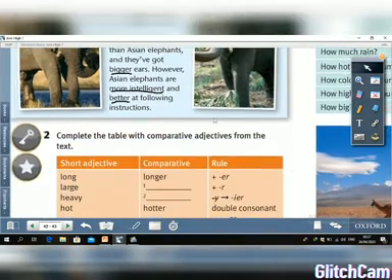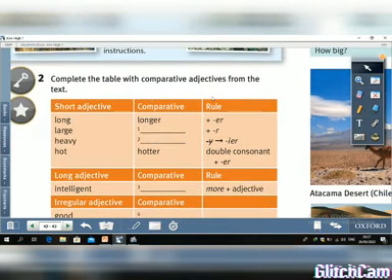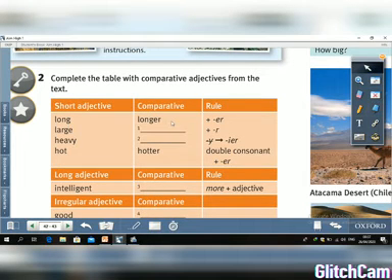First one: complete the table with the comparative adjectives from the text. Long became longer, we added er. Large became larger, we added only r because it ends with e. Heavy, we removed y and added ier to become heavier.